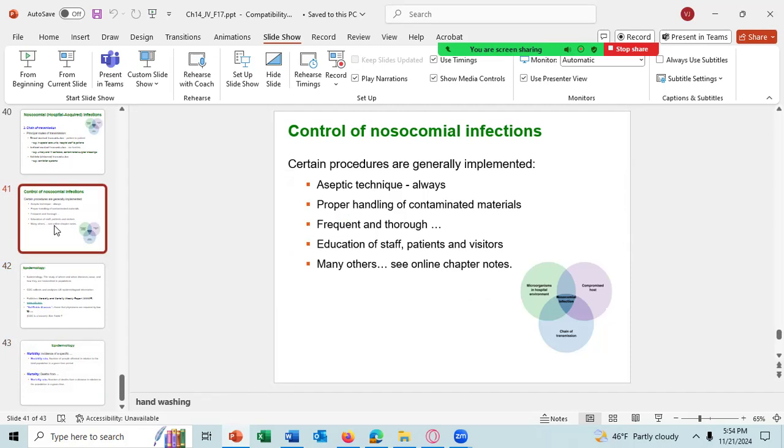Let me just mention a little bit more about nosocomial infection, because if you work in the healthcare facilities, and most of you will, you should really act to reduce nosocomial infection. And I can say that because of the improved education of obviously the doctors, the staff, the patients, and the visitors, the incidence of nosocomial infection in the United States has actually decreased by a half.